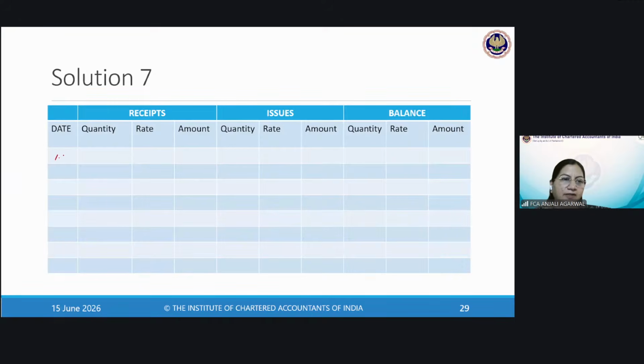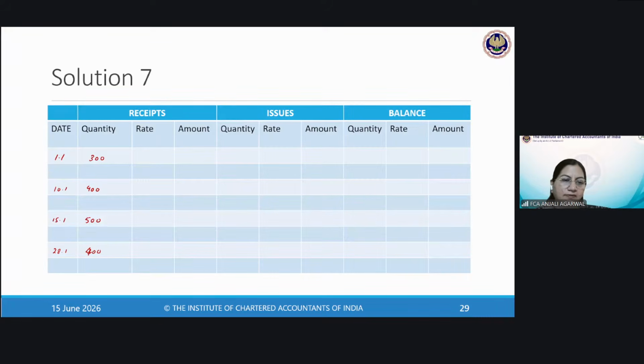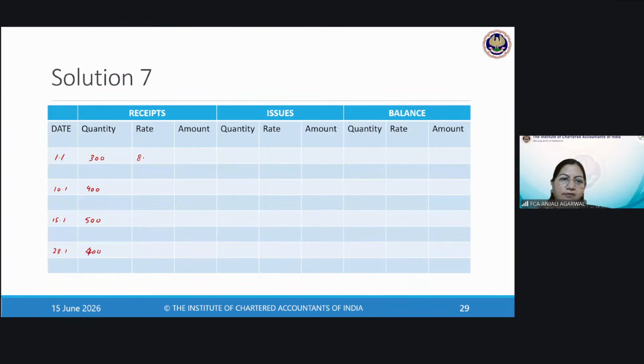So on these dates, you will write how much you have received: 300, 400, 500 kgs and 400. Price 8.5, 8, 6, and 5.5. So this is your receipts, 300 into 8.5.